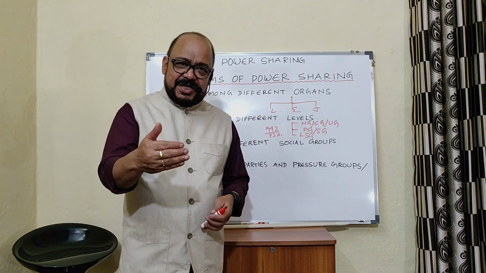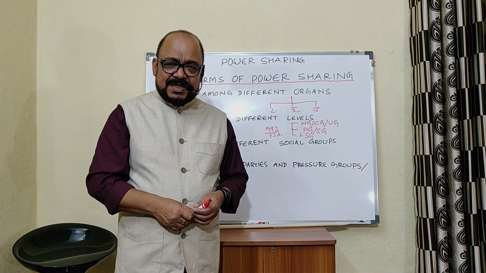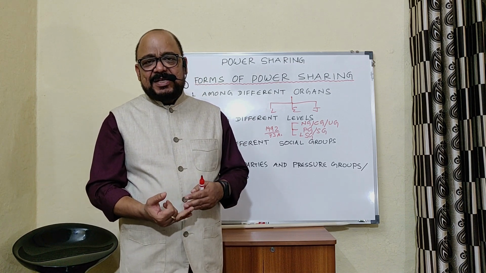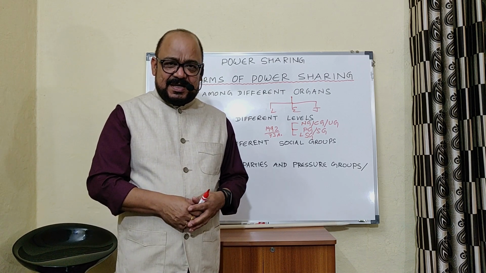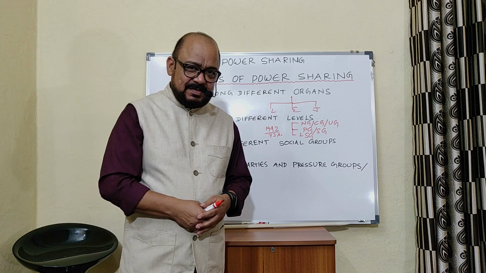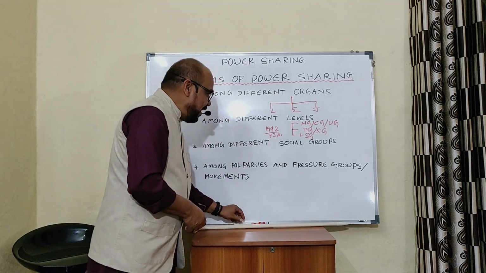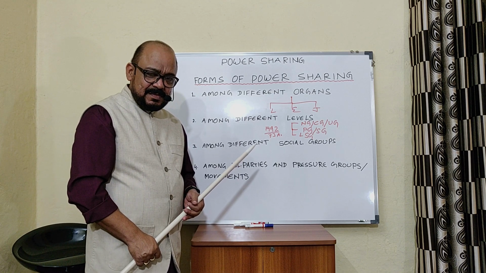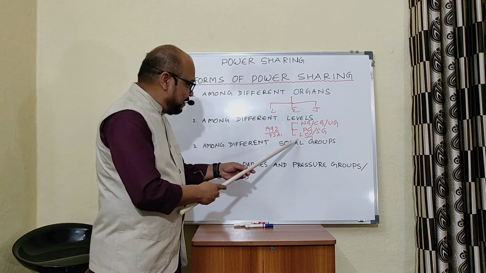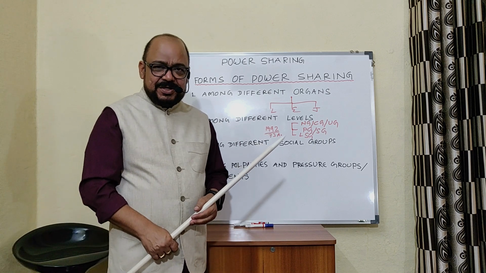Local self-government in urban areas is popular as municipality or municipal corporation, and in rural areas as the Panchayati Raj system, right? So earlier there were two levels of government, okay, and then there are three levels of government.